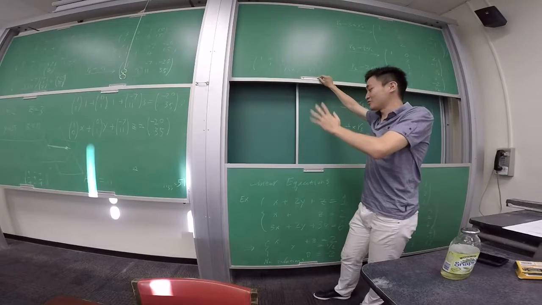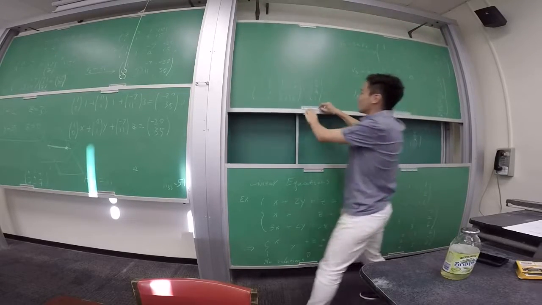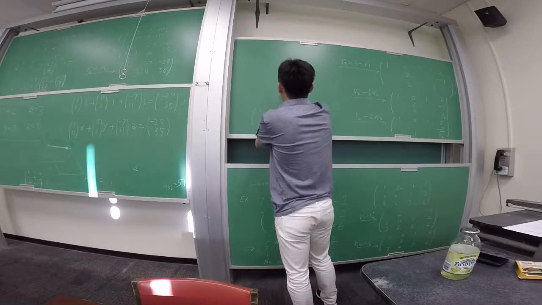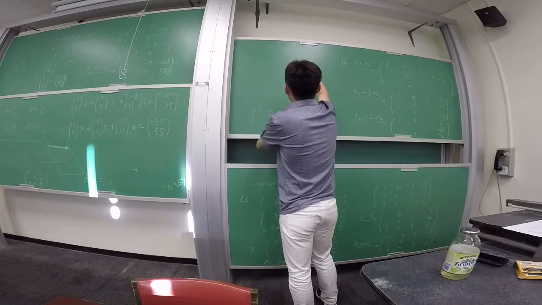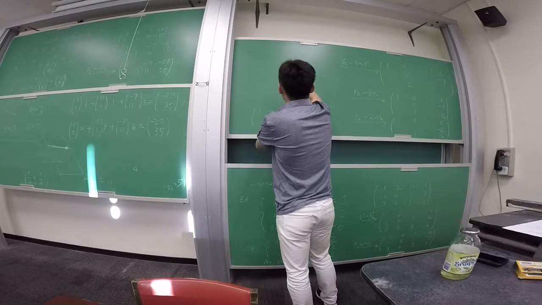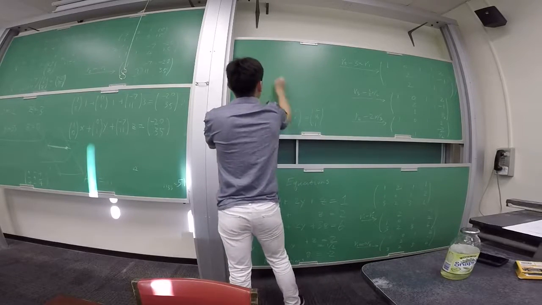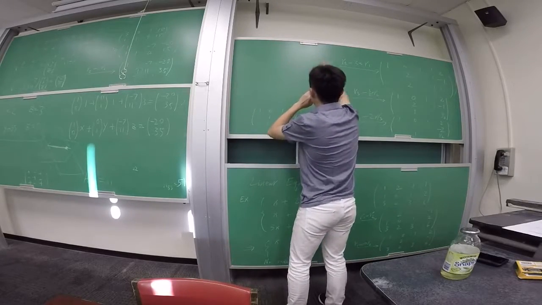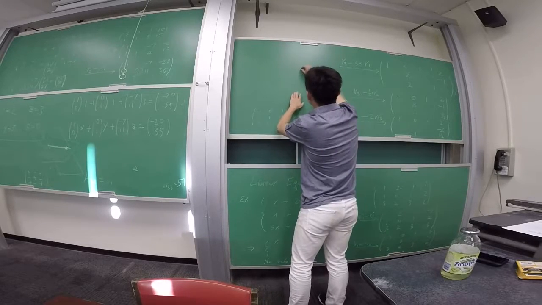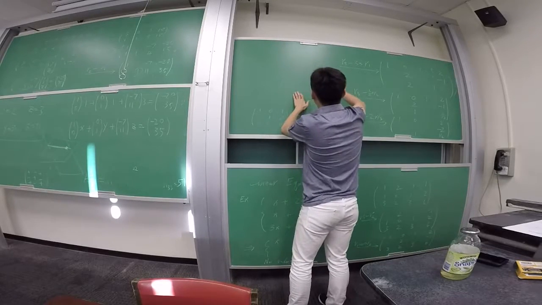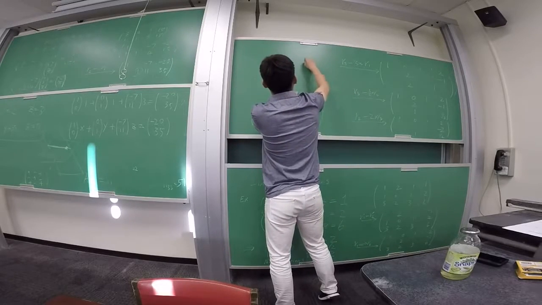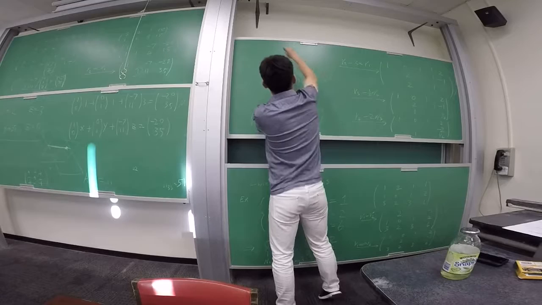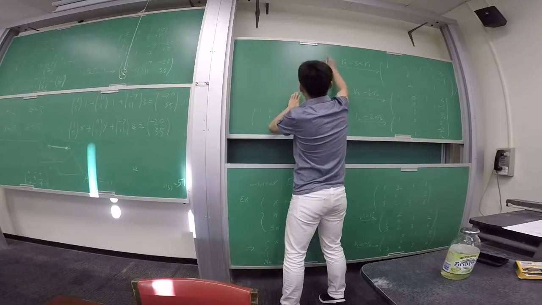The geometric picture of this kind of equation is like this. You have 3 planes, right? Right over here, and then you got another plane over here, and another plane over here, and then it's just like this case.